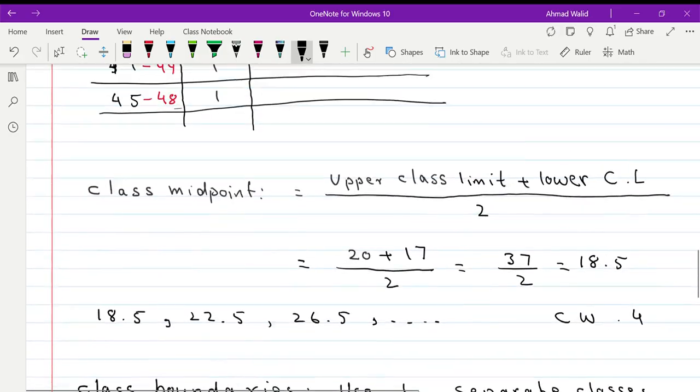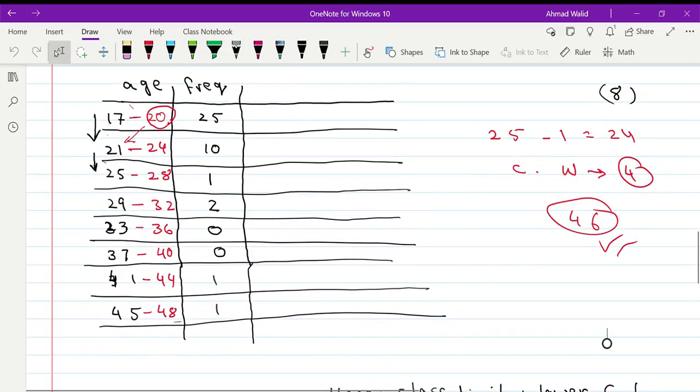How to find the class boundaries? Look at this table. Between 17 and 21, the two lower class limits of two classes, there is a number in between that I will call the boundary.